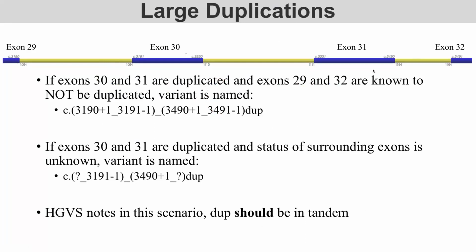An interesting note that they put on the HGVS website is that in these scenarios, the duplication should be in tandem, but they don't say must be in tandem, which is interesting, because if you don't know it's in tandem, you also can't describe it as an insertion, because an insertion assumes you know where this duplicated piece ended up. So I think dup is the initial way you would name it. If in the future you figure out exactly where it's going, then you could call it insertion if it's not tandem. But the naming doesn't really call out the difference between confirmed tandem and not.